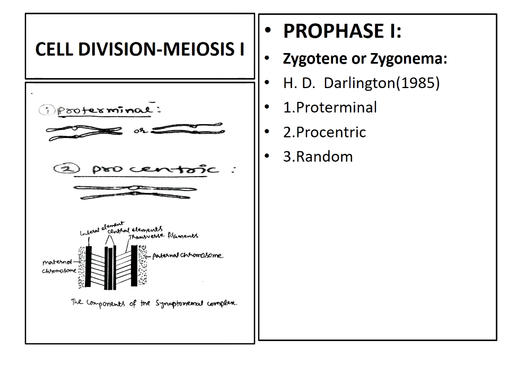H.D. Darlington, a British cytologist, recognized three types of pairing. When the pairing starts at the terminal region and moves towards the centromere, it is called proterminal synapsis.